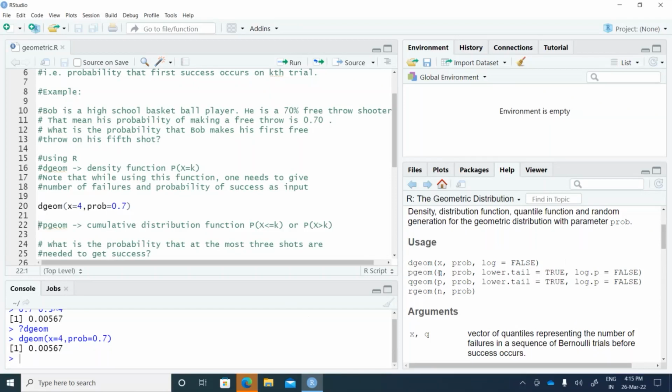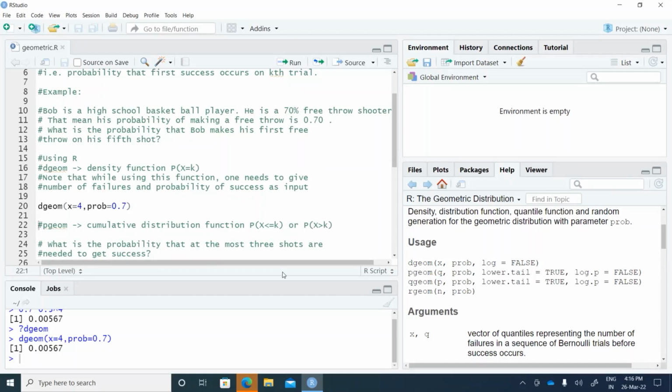Then you need to enter the probability of success. We won't go into details of log.p and lower.tail, but lower.tail will be required if we take the probability of x greater than k. By default, its value is taken to be true.